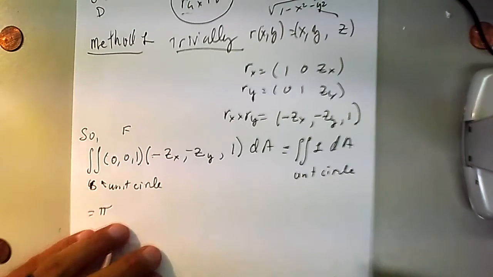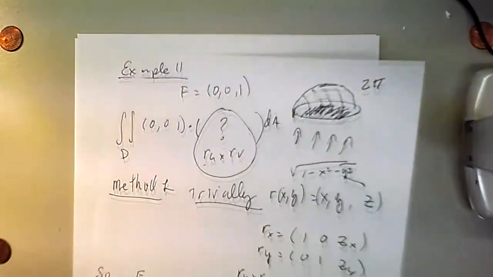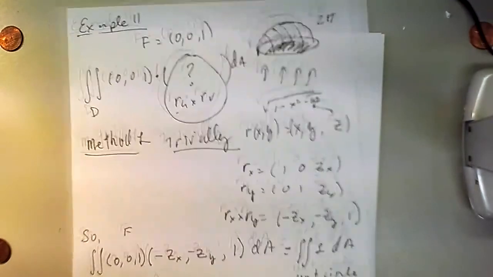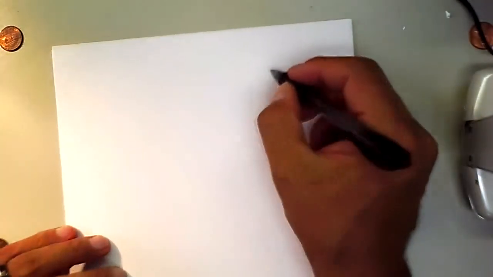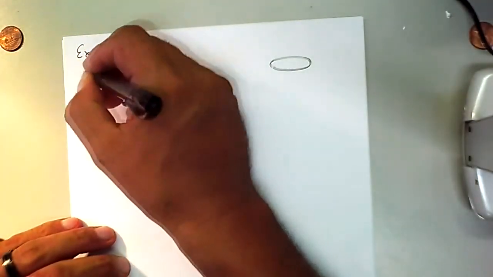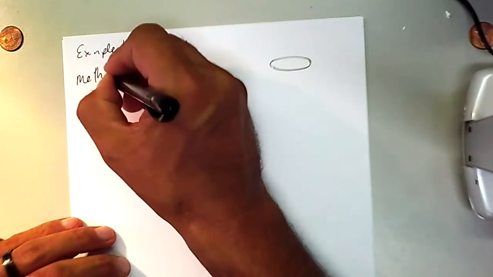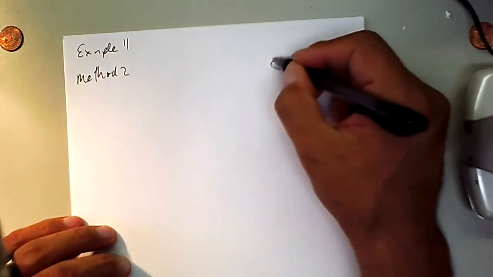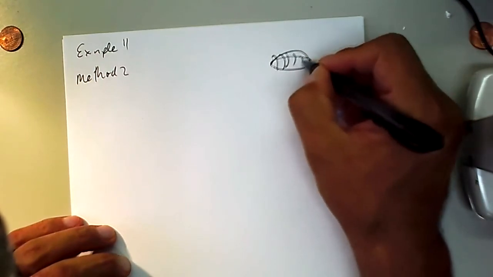The second method of doing example 11 would be to parameterize. So example 11, method 2, we got the semisphere.